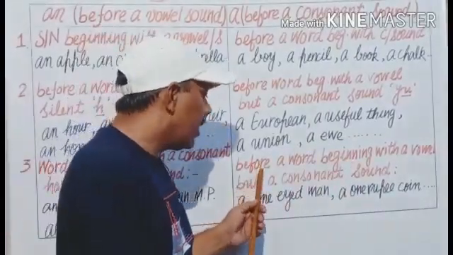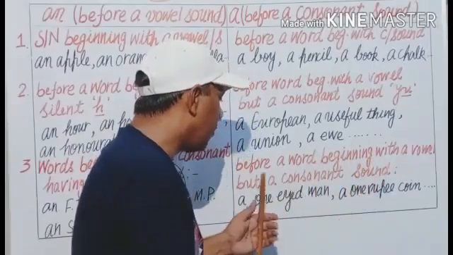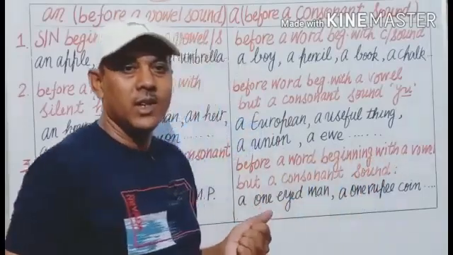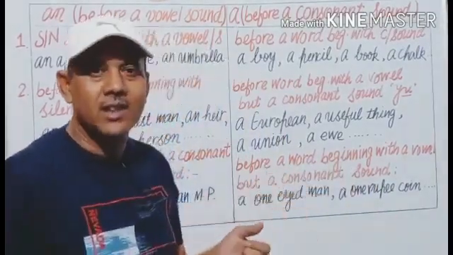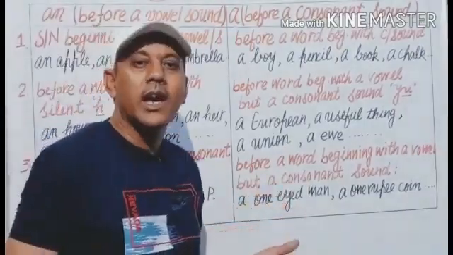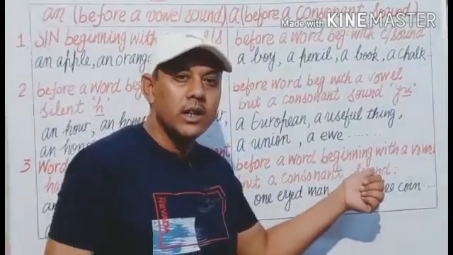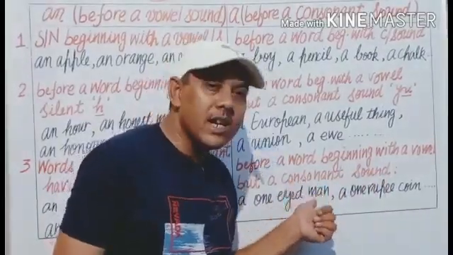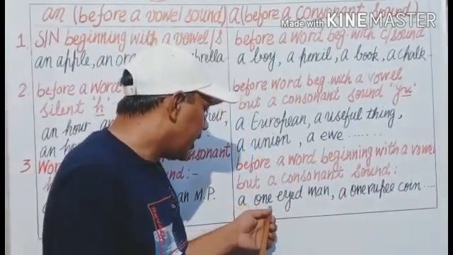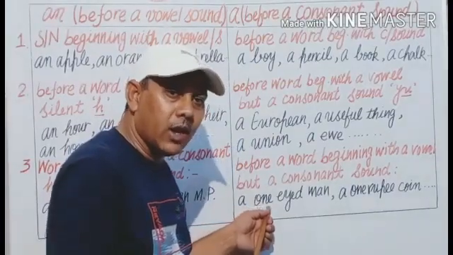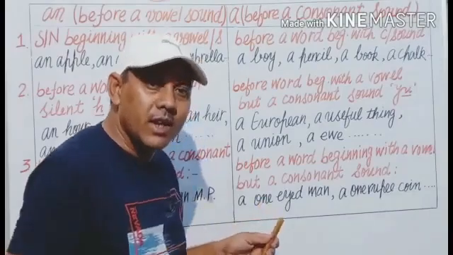And the third is, a is used before a word beginning with a vowel but producing a consonant sound. Although they begin with a vowel letter, they produce a consonant sound. And which consonant sound? W. It produces a W sound at the initial position. For example, the word one, O-N-E, of course it begins with the letter O, which is a vowel.